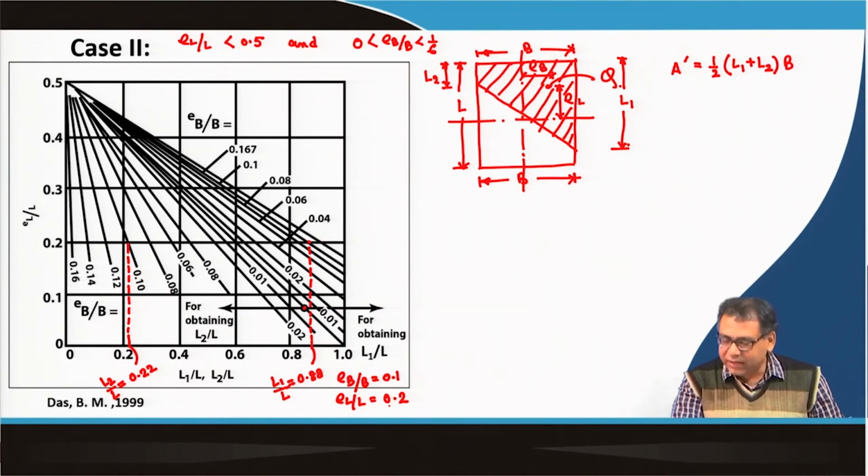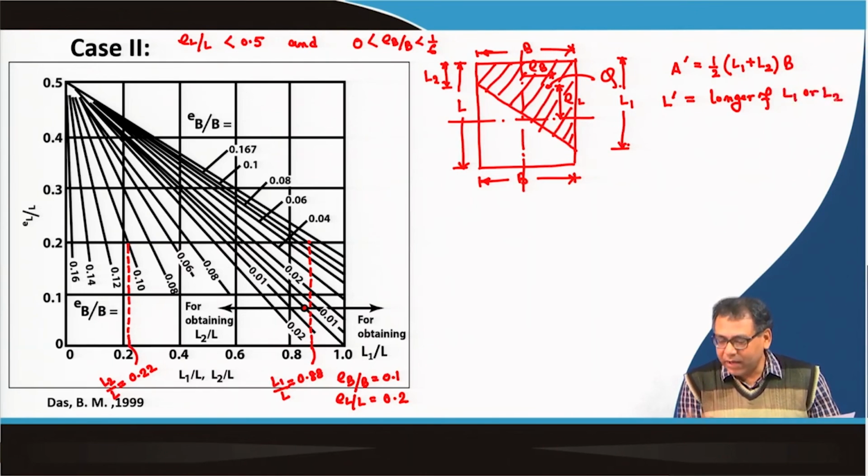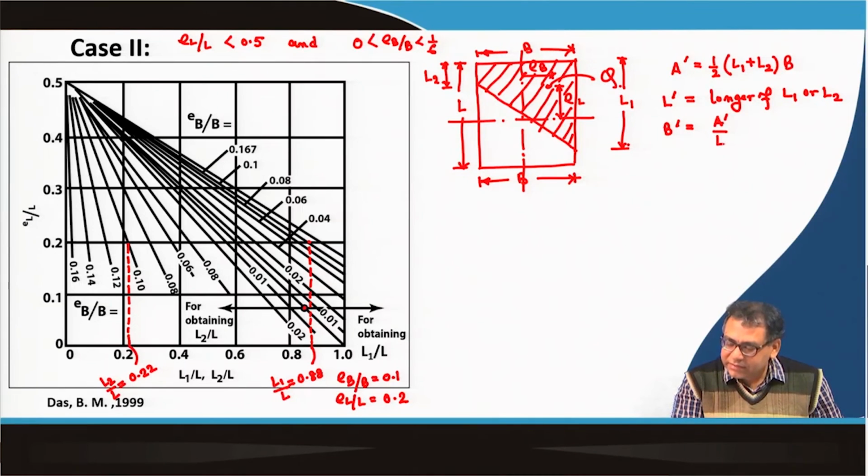The L dash is equal to the longer of L1 or L2, that means the longer value between L1 and L2 will be considered as L dash, and B dash will be equal to A dash by L dash. This way I can calculate the effective area, effective length and effective width of the foundation.